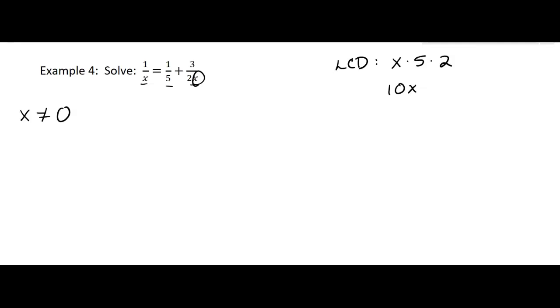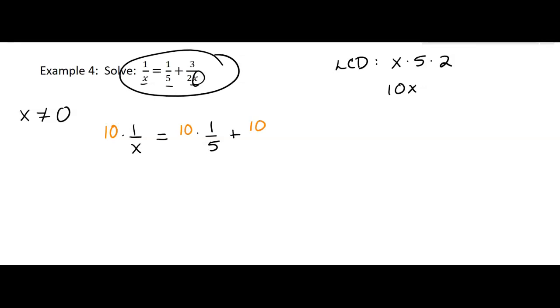I am going to take my equation and then everybody gets multiplied by 10. Each of those rational expressions get multiplied by 10. So here I am multiplying each rational expression by 10. I put the 10 in orange so you could see it. Oh, except I did it wrong.